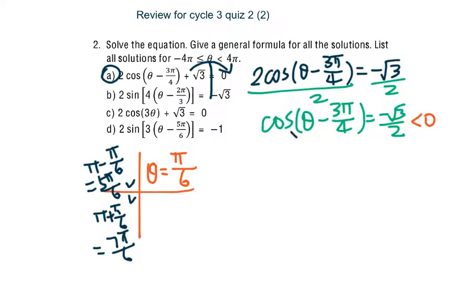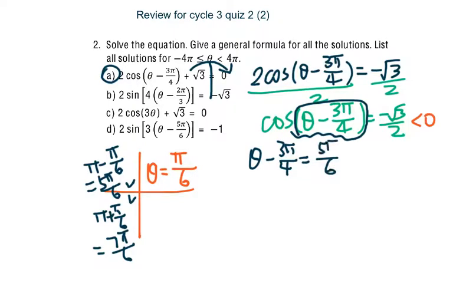So you will get the whole thing: theta minus 3 pi over 4 is either equal to 5 pi over 6 or 7 pi over 6. Then I write down theta minus 3 pi over 4 equal to 5 pi over 6, or theta minus 3 pi over 4 equal to 7 pi over 6.